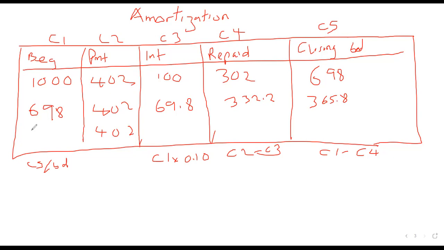This is our opening balance, 365.8. 10% will be 36.58. And when you subtract this, you get 365.8 approximately. So when you subtract 365.8 minus 365.8, meaning the loan is gone, this is what we call loan amortization. So we have completely repaid the loan.